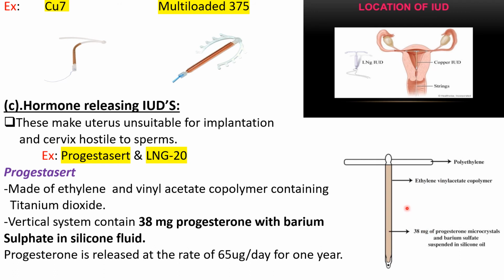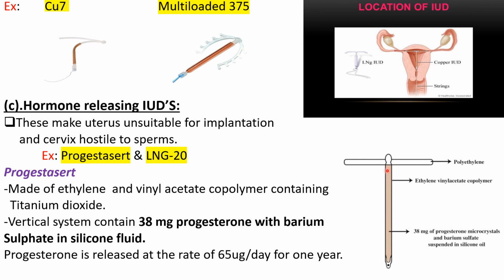What does this vertical system contain? It contains 38 milligrams of progesterone microcrystals and barium sulfate. Both the progesterone microcrystals and barium sulfate are suspended in silicone oil.